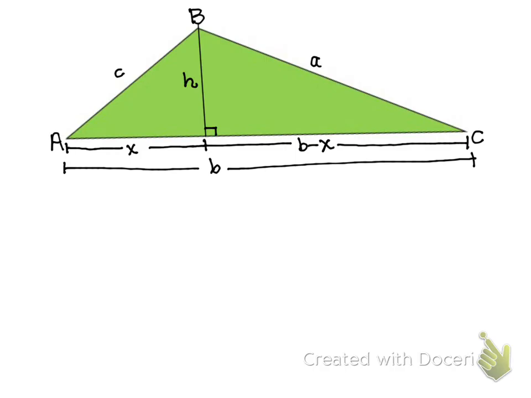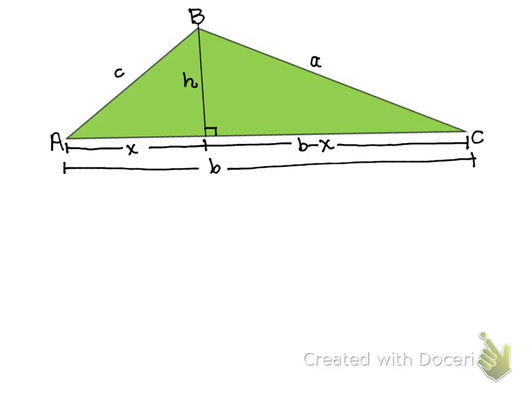If I take a look at the left-hand side triangle right here, I am going to see if I can come up with a ratio that uses sine of big A and the H, which I can do.